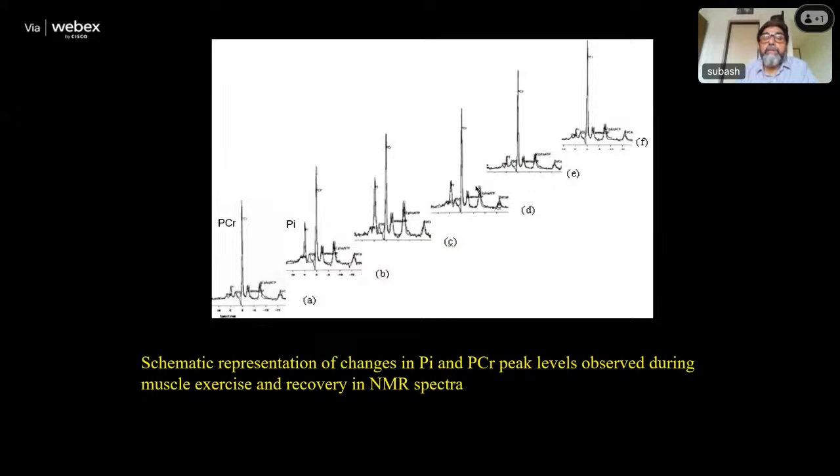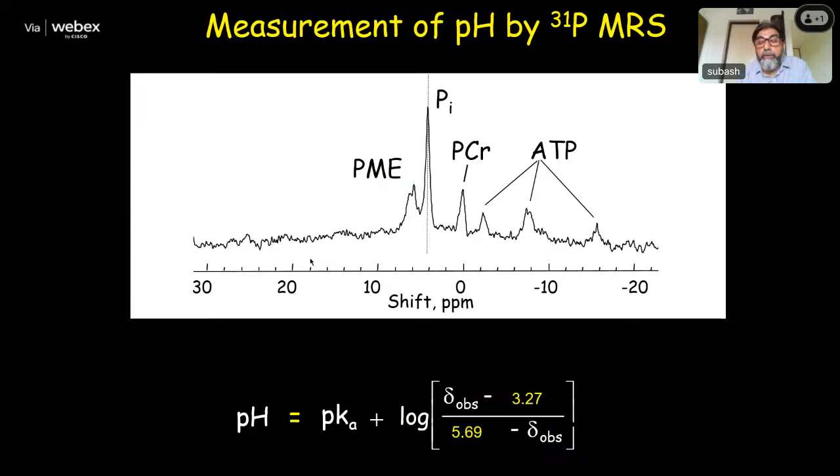After the exercise stopped, you can see the recovery, PI is going down and comes to normal after some time. So you can measure the changes in concentration of PCR to measure the kPCR or the oxidative capacity.